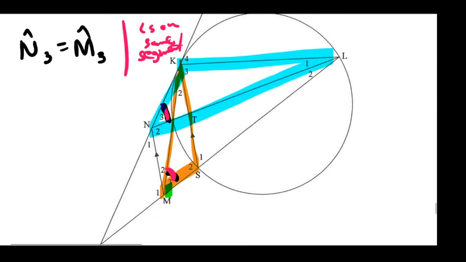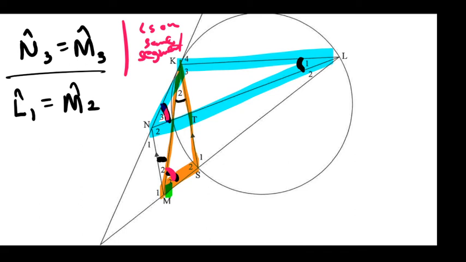So now another thing that you need to note is, you've proven this angle here. Remember, this is proving similarity. Angle L1 is equal to angle M2. M2 is this portion here, and this portion of M2 is equal to K2, this one here.